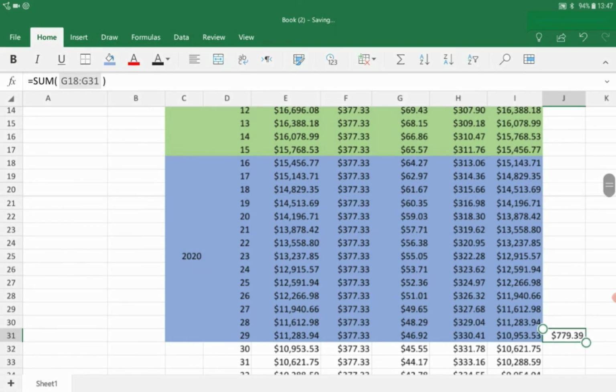And finally, this number, $779.39, is the amount of interest you paid on your car loan in year 2020, which is a tax-deductible expense.